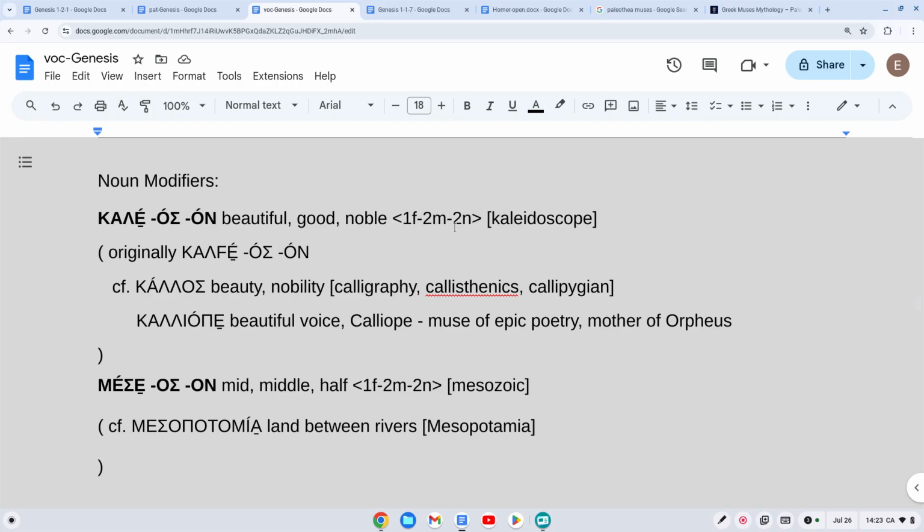And you get the word kaleidoscope from that. And kallos with a double lambda means beauty or nobility, and you get English words calligraphy or calisthenics or callipygian. I'll let you look that up yourself. Okay, Calliope means beautiful voice, and she's the muse of epic poetry and the mother of Orpheus.